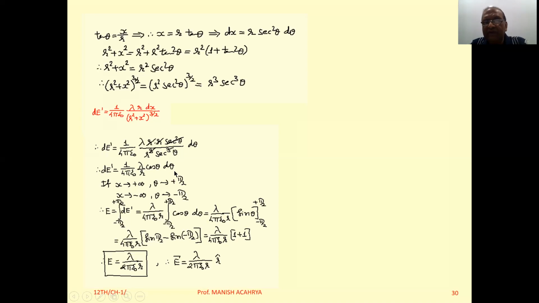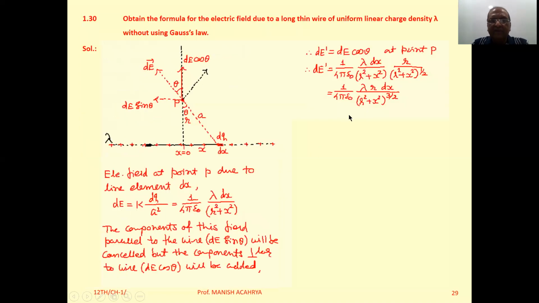Now, if the variable is changed, the limit will be changed. Now see here. If x tends to infinity, suppose we take the element distance somewhere here, then we have to join the line like this. So this particular angle theta will increase.